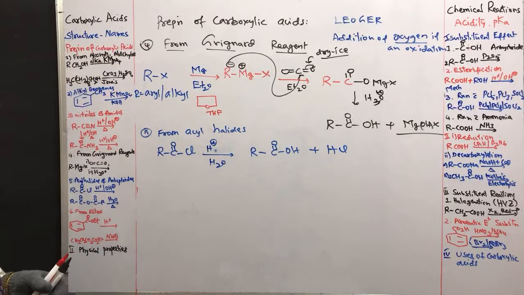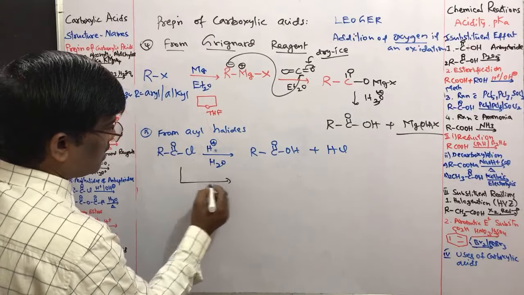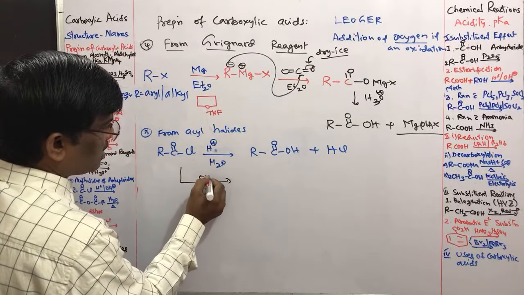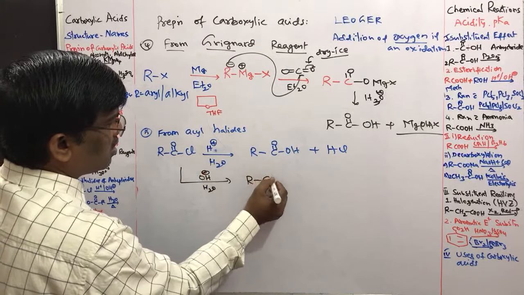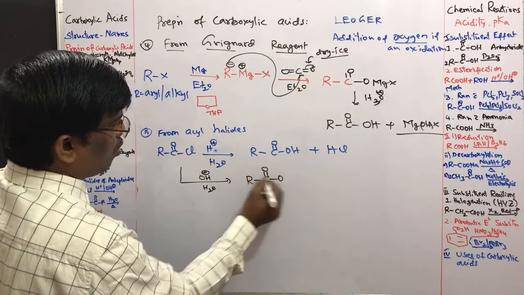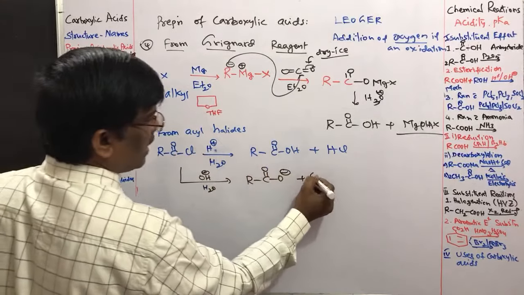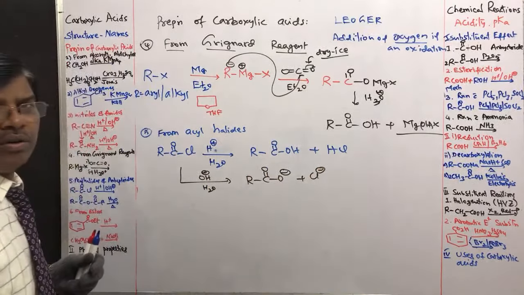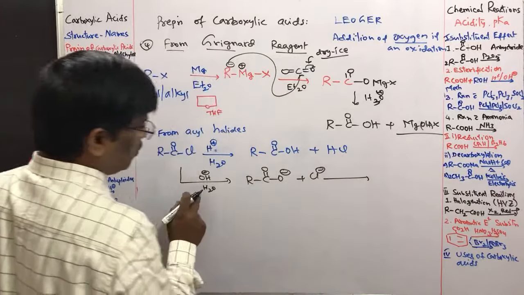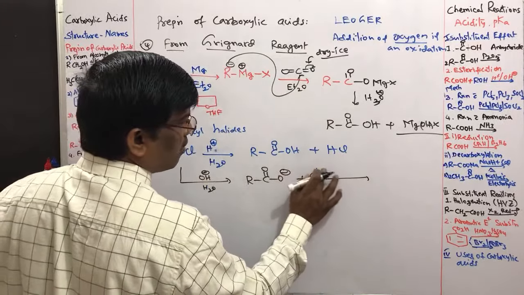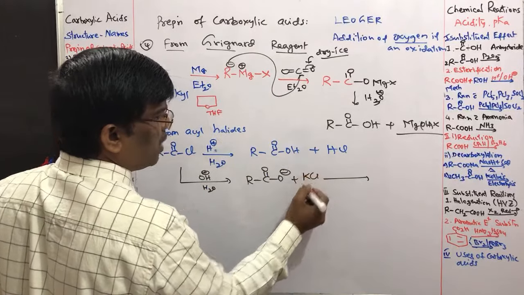Yes students. The same reaction if I do in base, OH minus in water, I get RCOO minus plus chloride. Usually the base has some metal, sodium hydroxide or potassium hydroxide, so you get KCl.